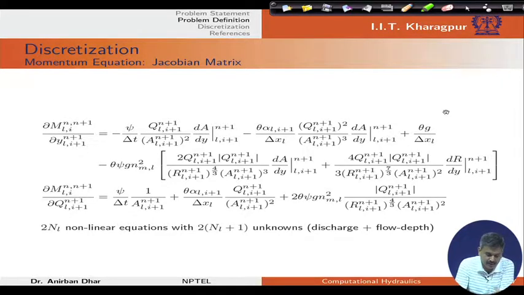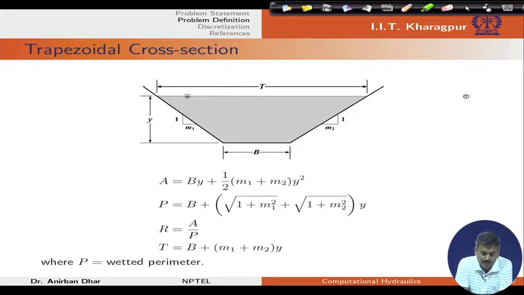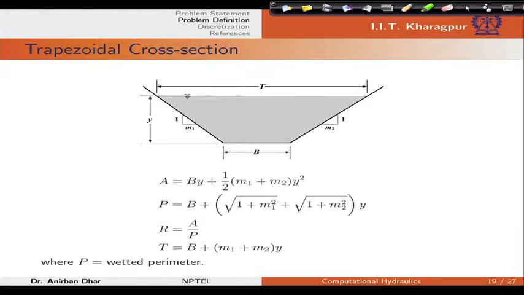Now for each section we have 2 NL nonlinear equations with 2 NL plus 1 unknowns, that is discharge and flow depth. For trapezoidal section, this is a general section because if we utilize different values of m1 m2 we can directly get the solution for different cases.